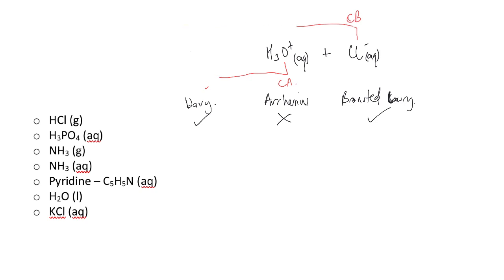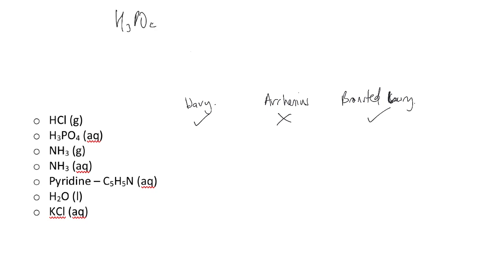Let's deal with, what next? H3PO4, okay? So H3PO4, can it act like an acid under Davy? Well, when it reacts with a reactive metal like sodium, it is going to in fact produce hydrogen gas and sodium phosphate.